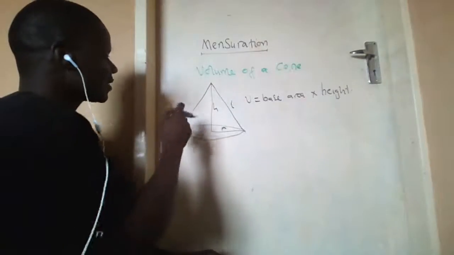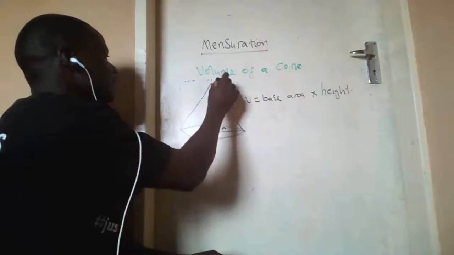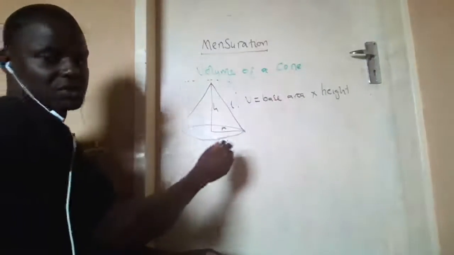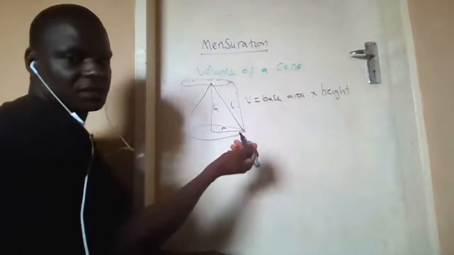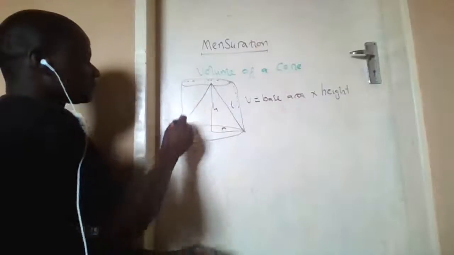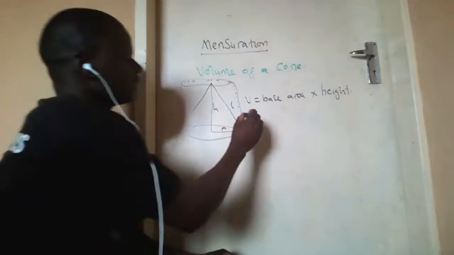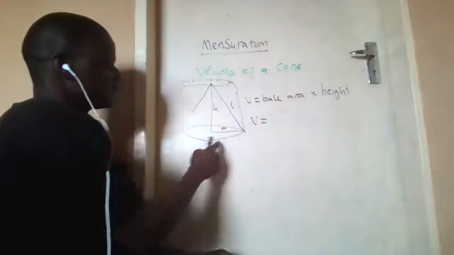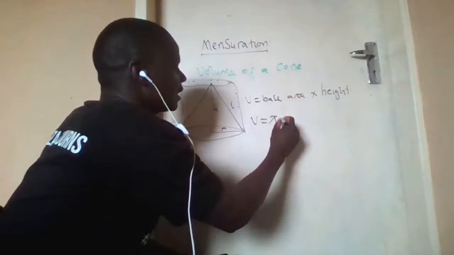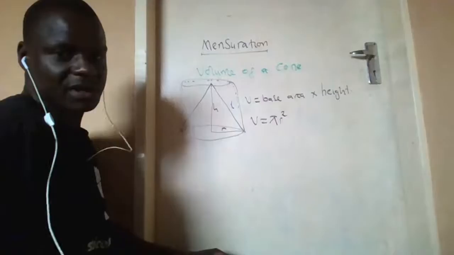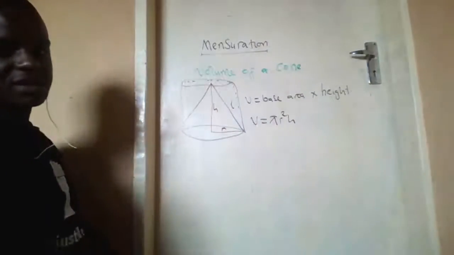Now, if the shape of the base went all the way up to the top, if the size of the base was the same as the size of the top, the base is a circle, so the area of the circle is pi r squared. Then times the height, which gives pi r squared h.